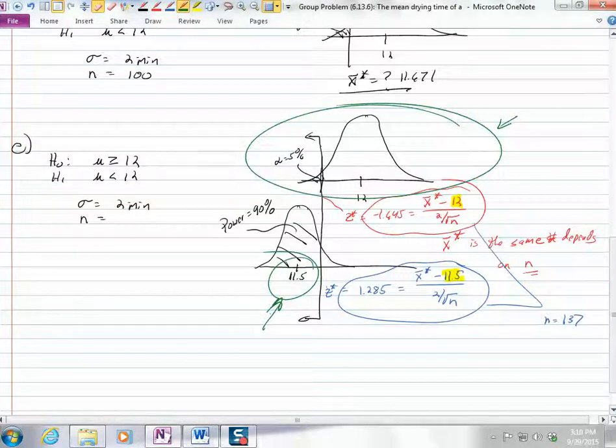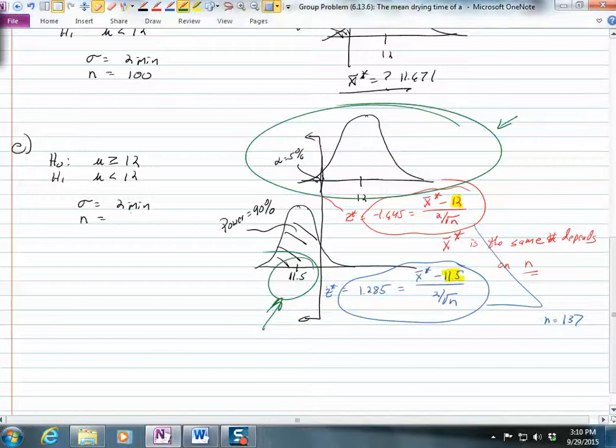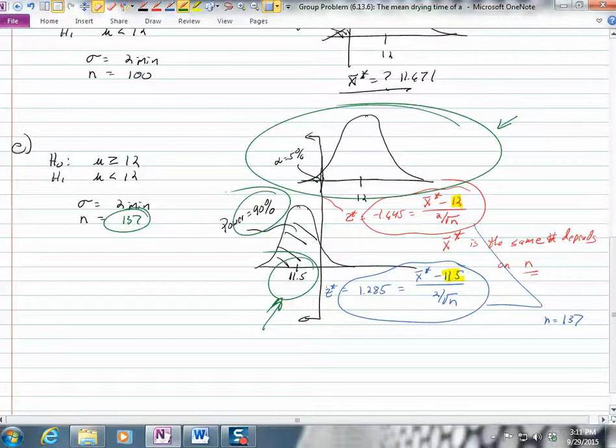If that's the size of an effect that we really want to make sure that we detect, we'll do a power calculation and we'll say we need at least 137 data points to find an effect that big 90% of the time. If our power is really, really low, then we're only going to find differences that are really, really huge, right? Or this is shifted way down here.